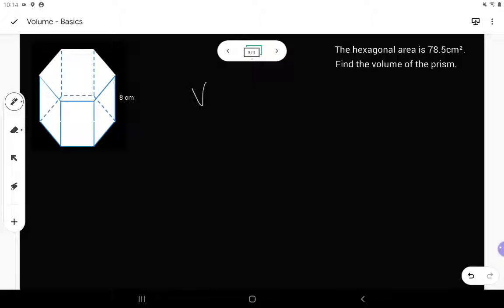So the volume here is going to be the base area, I guess I'm going to write it backwards there, the base area times the height of the prism. So I still work from that same formula.